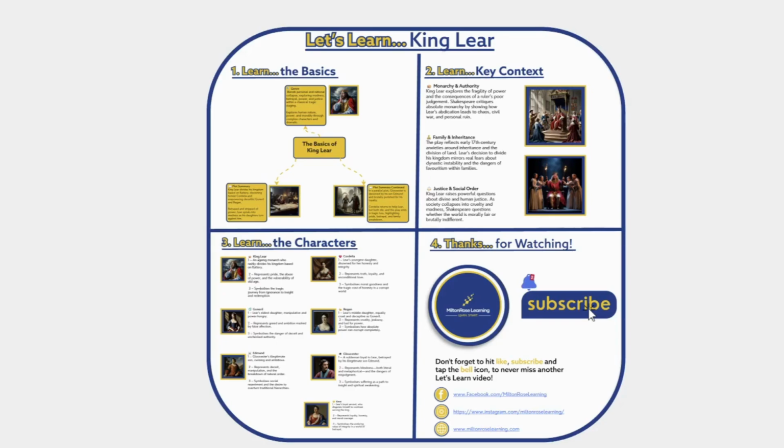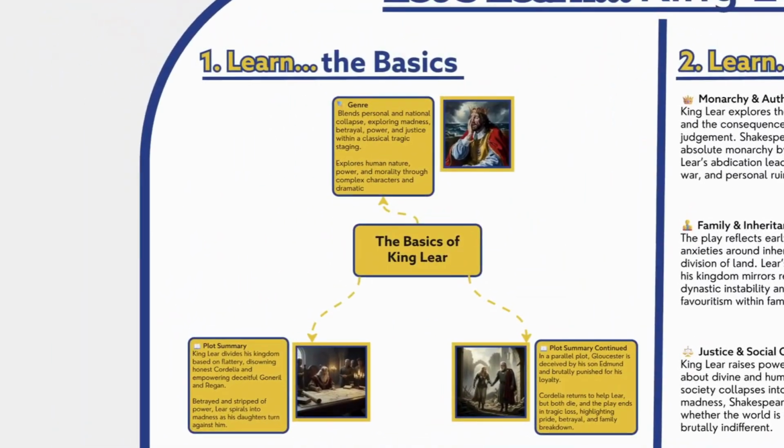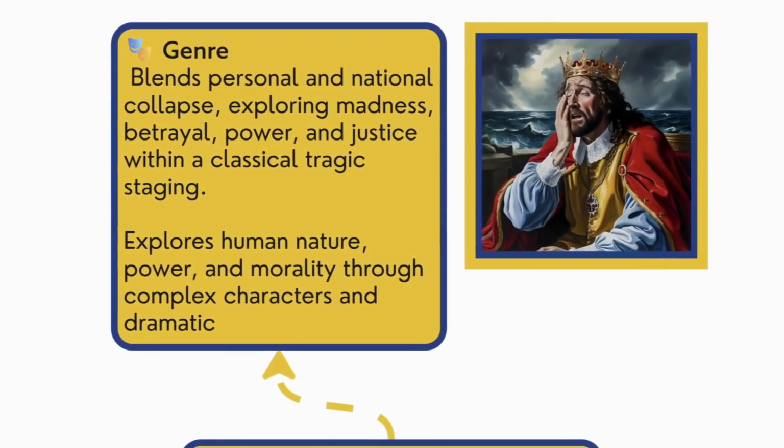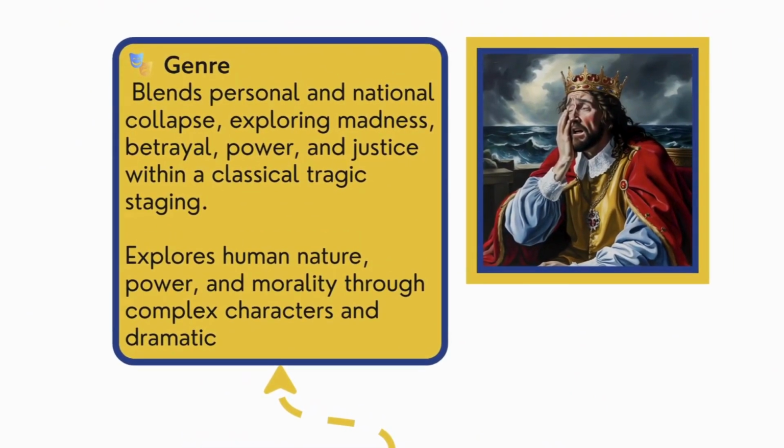Okay, so first off, if we start looking at some of the basics, in terms of genre, this is very much a tragedy, and it blends personal and national collapse, because obviously King Lear rules over the kingdom. It explores quite twisted themes of madness, betrayal, power, justice, all within a classical tragic staging.